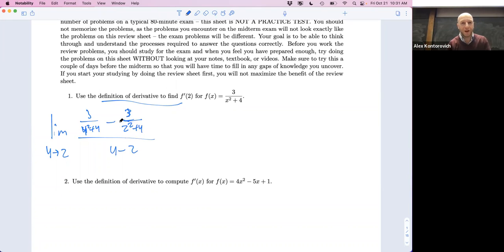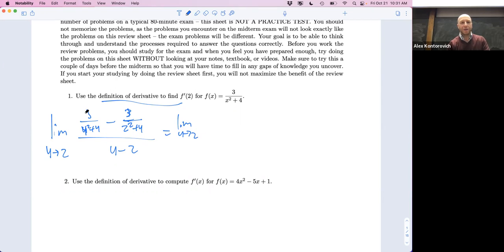We have to do a little bit of simplifying here. So let's see. How shall I do this? I guess I may as well cross multiply. So this is a limit as U goes to 2. I'll put them over a common denominator. 2 squared plus 4 is 8.